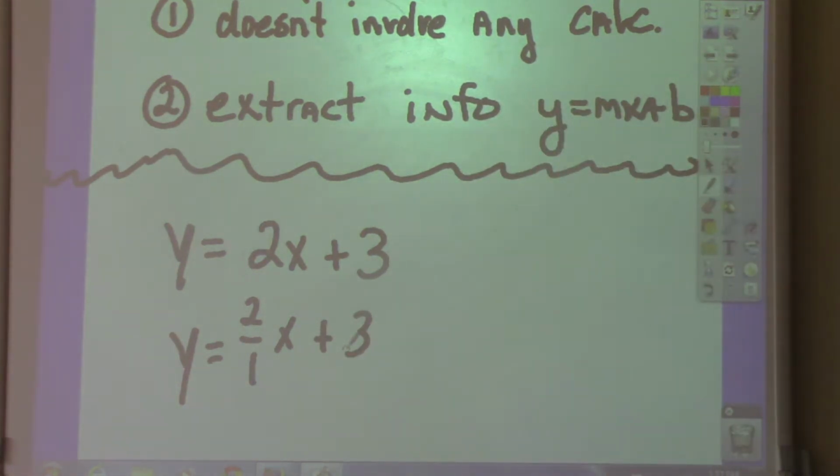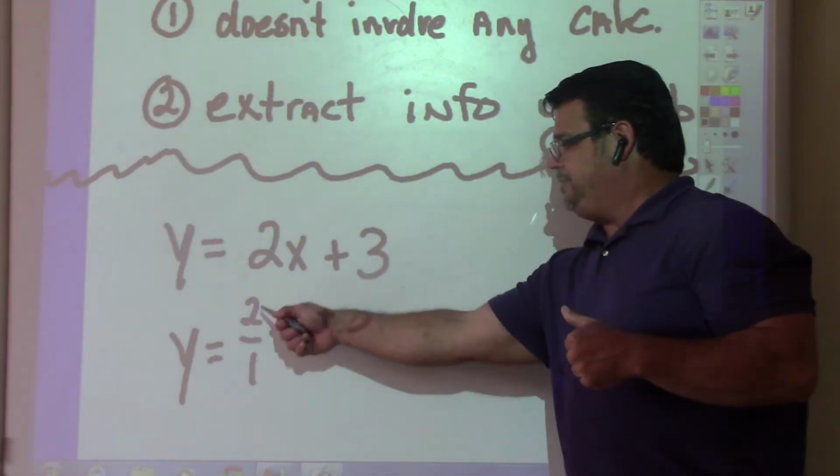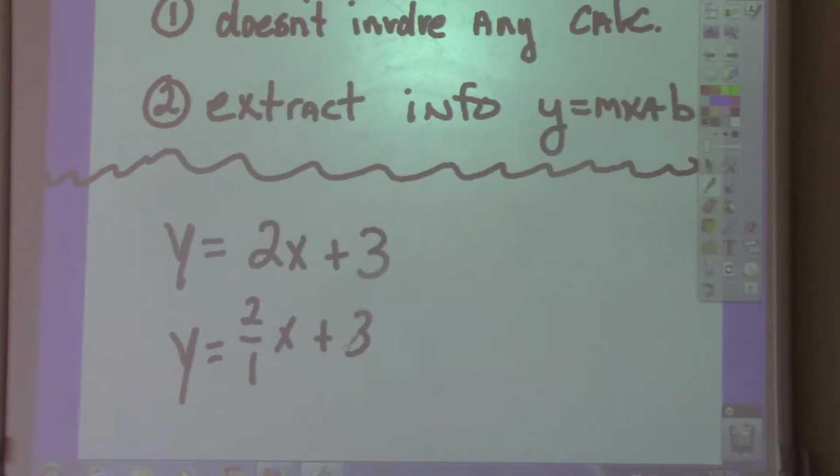Why did I put 2 over 1? Because 2 is a whole number. And what is the slope? Vertical over horizontal. So you have to have 2 numbers here. If it's a whole number, you just put it over 1. If it's a fraction, you leave it alone, and that's your vertical over your horizontal.